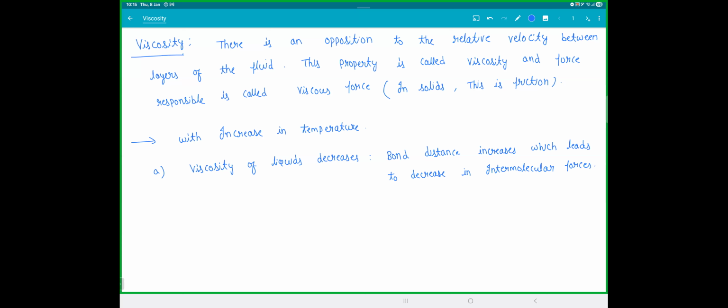But if you take gases, the viscosity of gases will increase. A hot gas will have more friction than a cold gas. A hot liquid will flow more easily than a cold liquid.